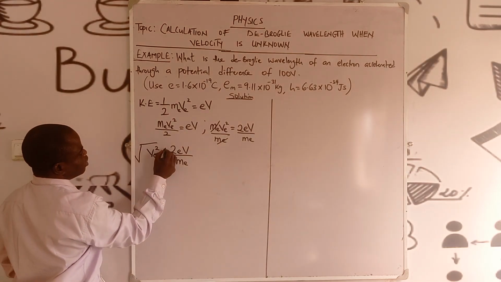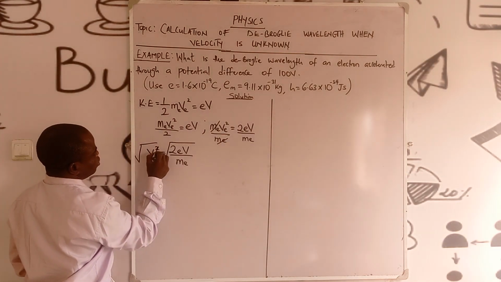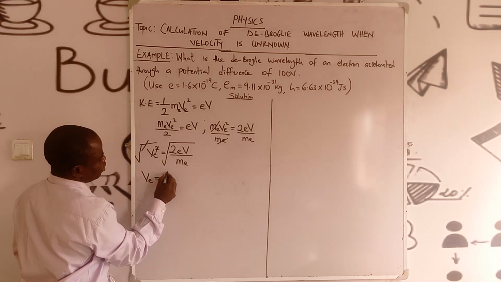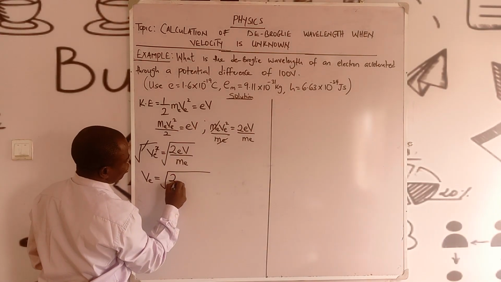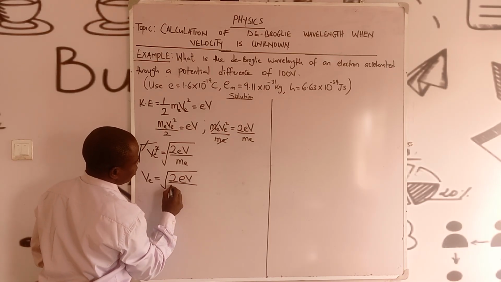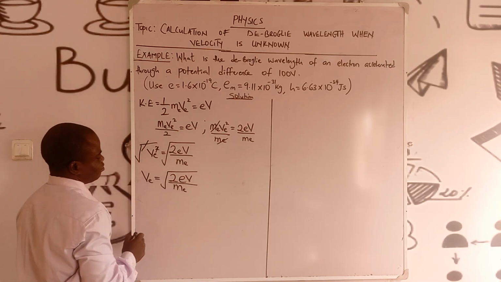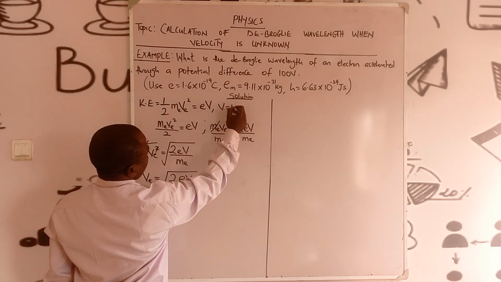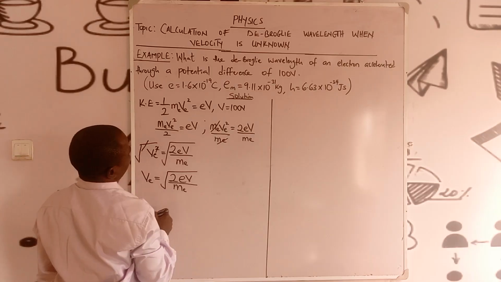Find the square root of both sides. The square root and the square cancel. You are left with the velocity of the electron equals the square root of 2eV over the mass of the electron. Don't forget that our V equals 100 volts.